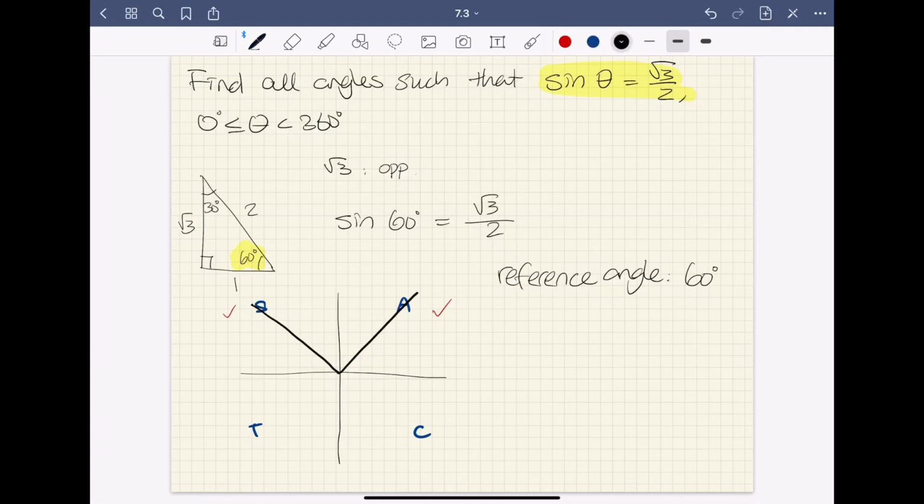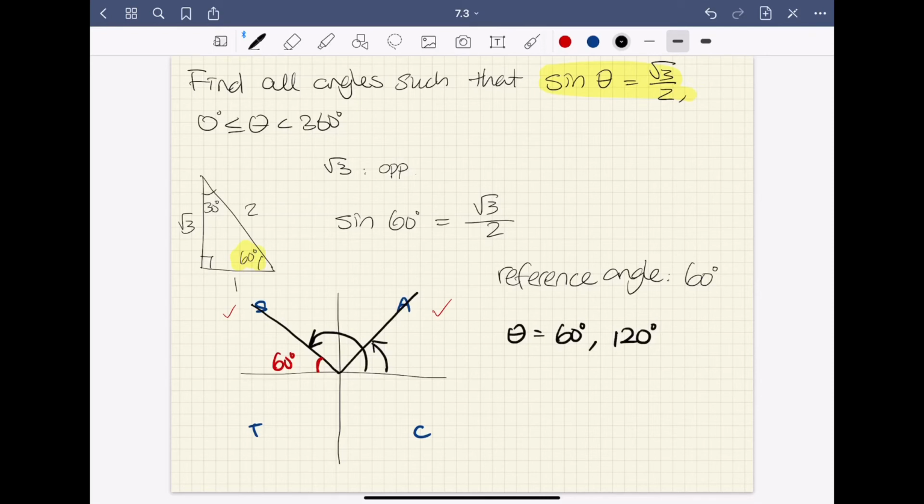If it's in the first quadrant, then theta is equal to 60 degrees. If it's in the second quadrant, where this angle, theta prime, is equal to 60 degrees, then your actual angle is equal to 180 degrees minus 60 degrees, which is 120 degrees.